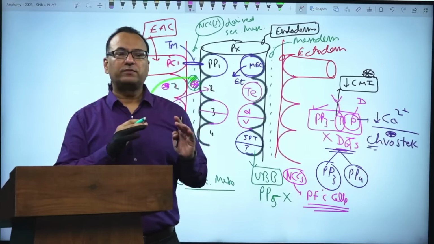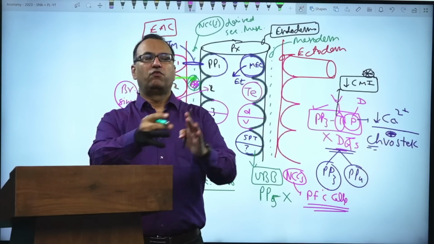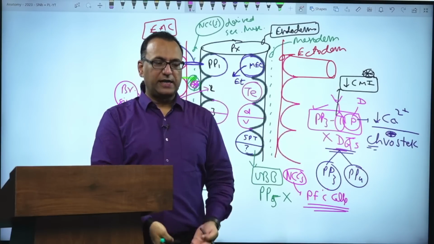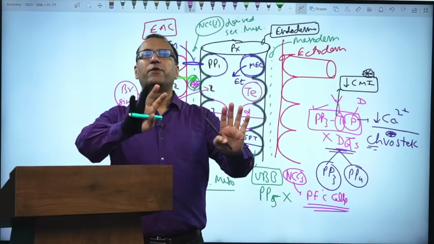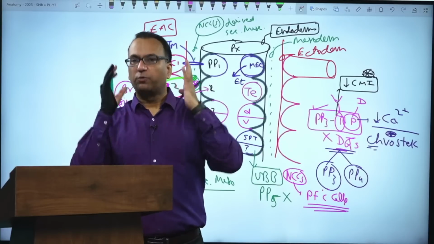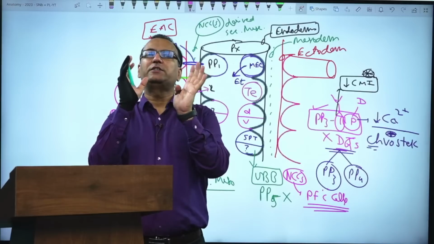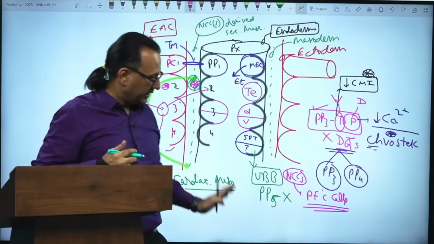They work upon bone, intestine and kidney: in the intestine you can absorb calcium, in the kidney you can excrete calcium, and in bone you can resorb bone and bring calcium into blood. So you can increase blood concentration by parathormone and antagonize it by calcitonin.